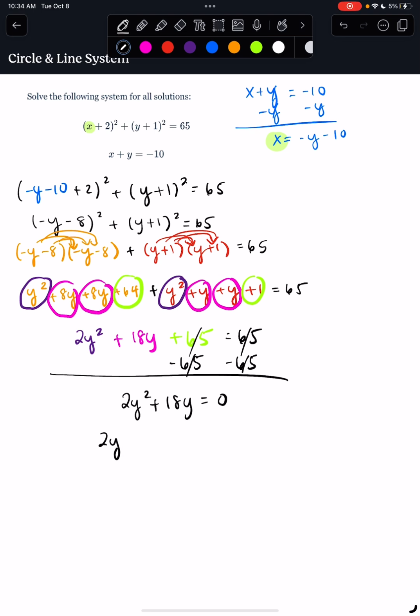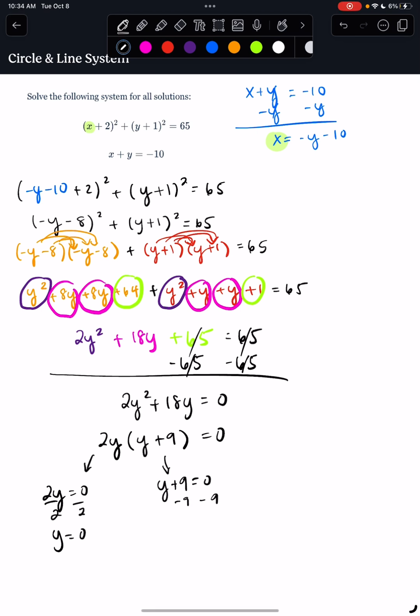So I can factor out a 2y, and I'm left with y plus 9 is equal to 0. And then we know that this expression will be equal to 0 if 2y is equal to 0 and if y plus 9 is equal to 0. So if 2y is equal to 0, if we divide by 2, we'll just see that y is equal to 0. And if y plus 9 is equal to 0, we can subtract 9 from both sides, and we'll get that y is equal to negative 9.